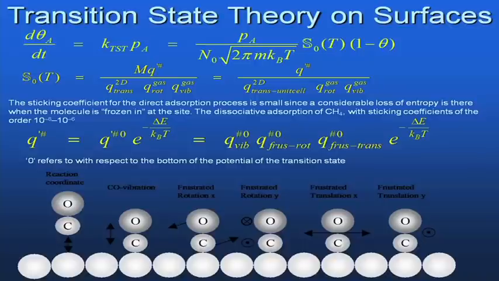So what do we get out of this discussion? It is important to note that we are discussing here the adsorption process, and we are trying to apply transition state theory onto surface adsorption. Now, it is typically categorized into two: one is indirect adsorption, another is direct adsorption. For indirect adsorption, what happens is that it is loosely bound.